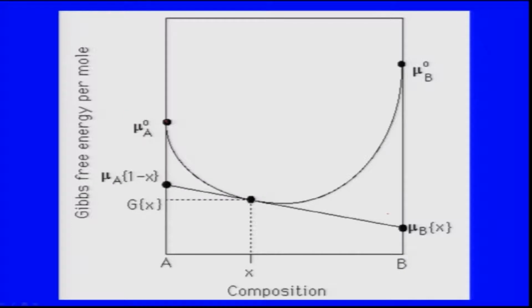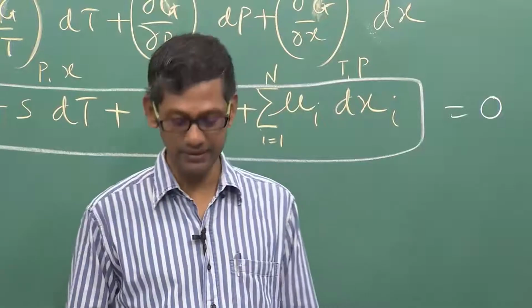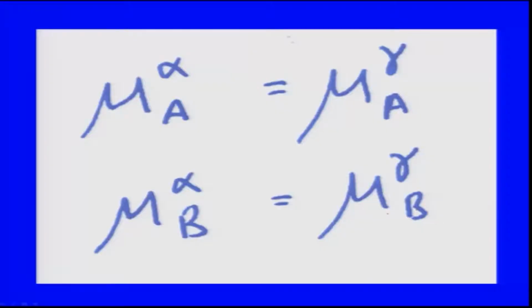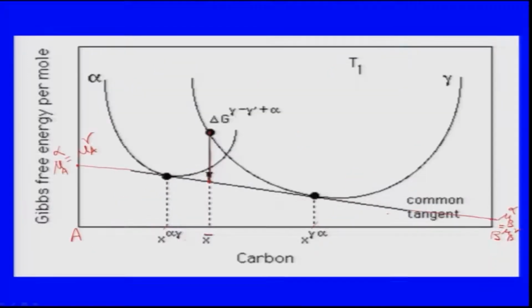Now, again it is shown in this curve we discussed. So, how do I consider stability? Stability is considered by using Gibbs rules, given by μA in phase alpha must be equal to μA in phase gamma. Similarly, μB in alpha must be equal to μB in gamma, where the μA are the chemical potentials of A and the μB are chemical potentials of B. So, graphically how do I do it?